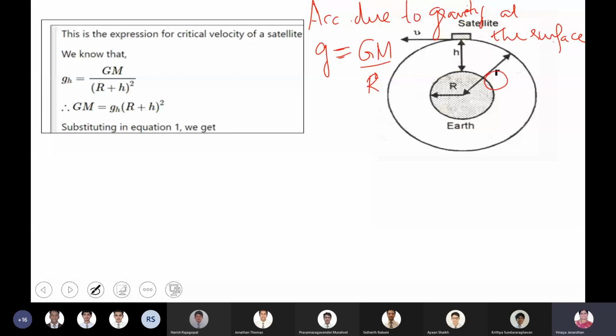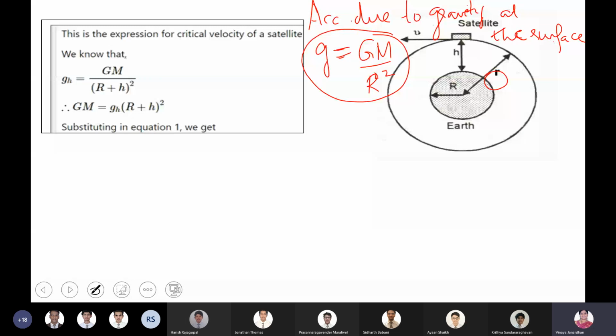Now, boys, the expression I have written, GM divided by R squared, is the acceleration due to gravity when a body is lying on the surface of the Earth, right? What happens when the body is at a height h above the ground?